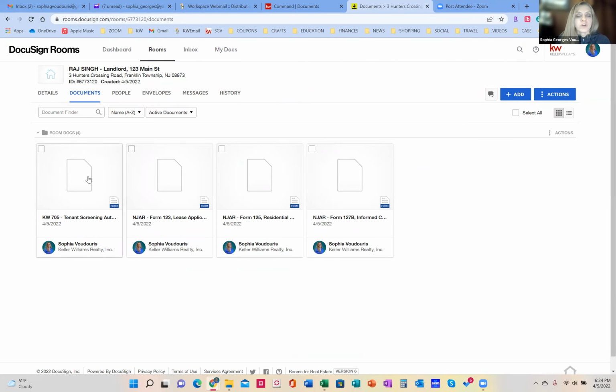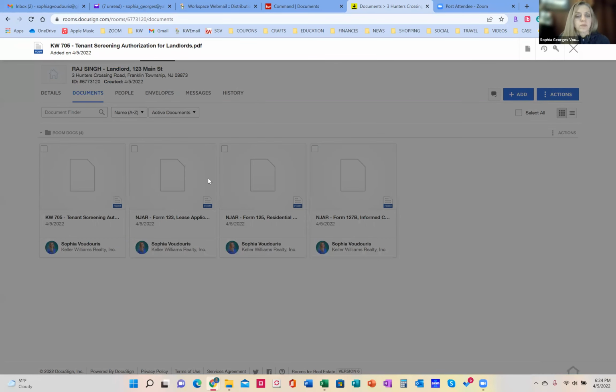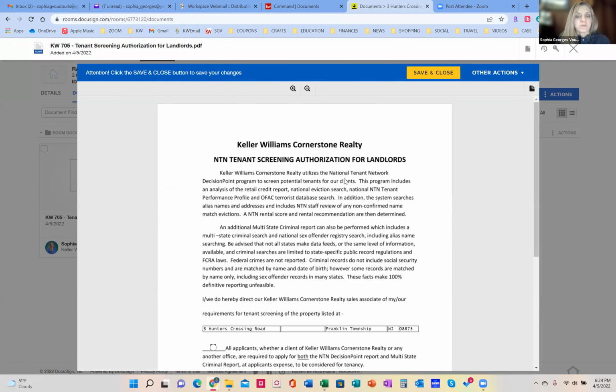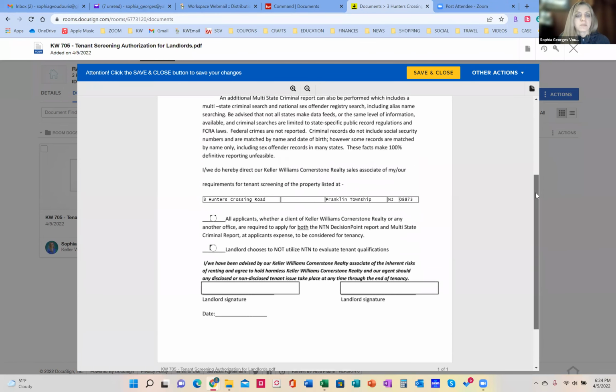And then when you are representing the landlord, this is the authorization form for them to fill out, authorizing you to use the NTN. Very simple.